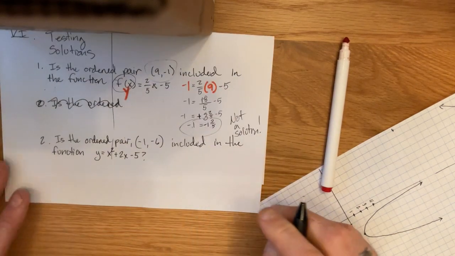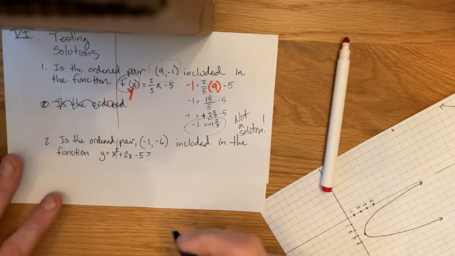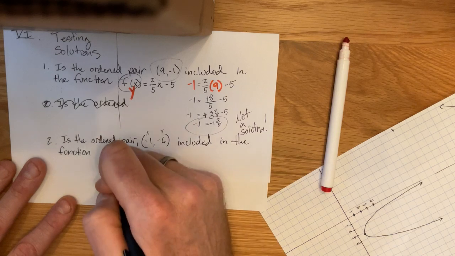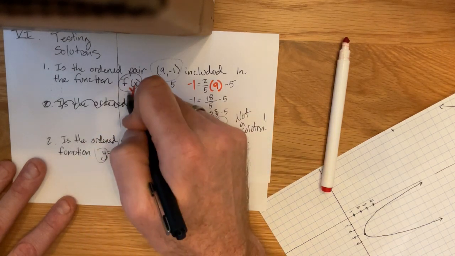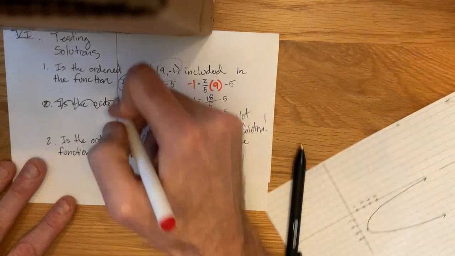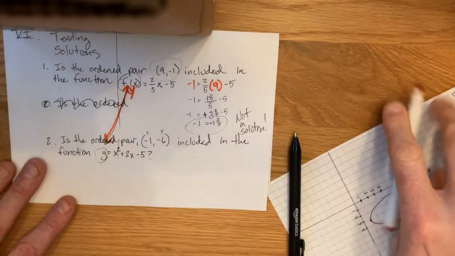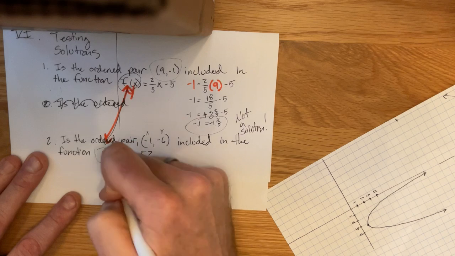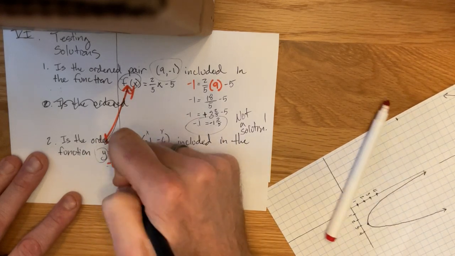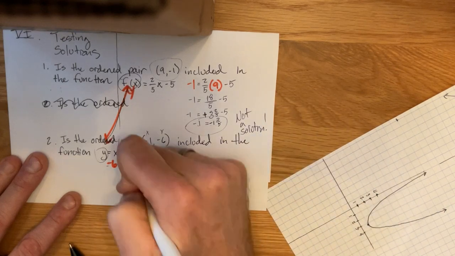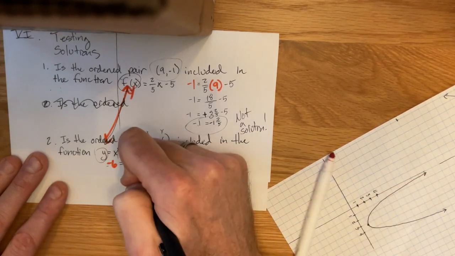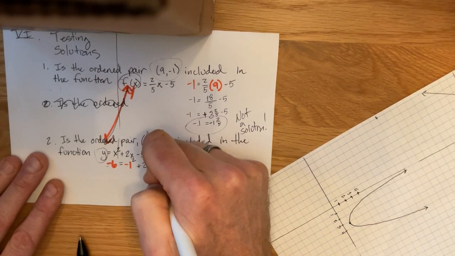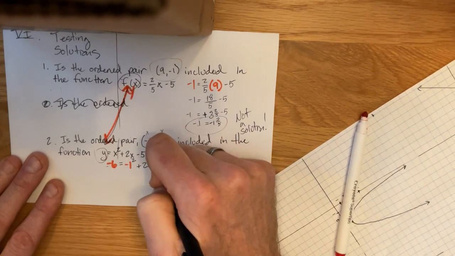Okay, let's look at an example that, spoiler alert, is a solution. So here we've got our x value here and our y value here. So y equals, remember, this is the same as that f of x thing. I just want to draw your attention again to the fact that it might be written as f of x, it might be written as y. It is the same thing essentially. So let's plug it in. We've got -6 equals x squared, so that's -1 squared plus 2 times -1, just plugging in my x value wherever it occurs, minus 5.